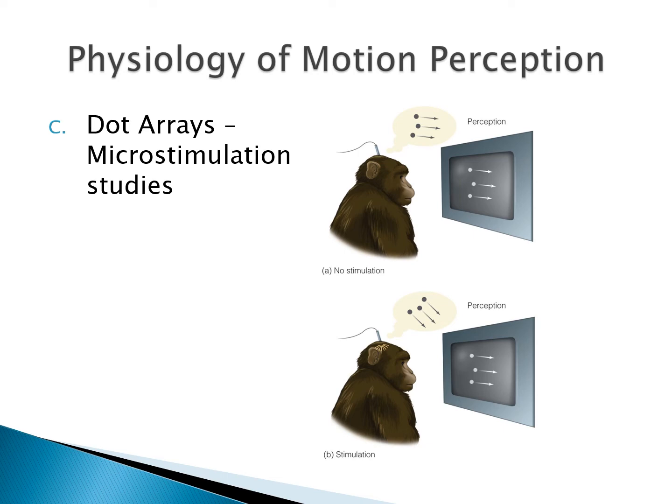If the dots are moving to the right and they stimulate the neurons that respond to downward movement, then the monkey sees the dots moving down and to the right. So they're still perceiving what's out in the world, but it's being added to these neurons that are perceiving downward motion, and they perceive this down and to the right.